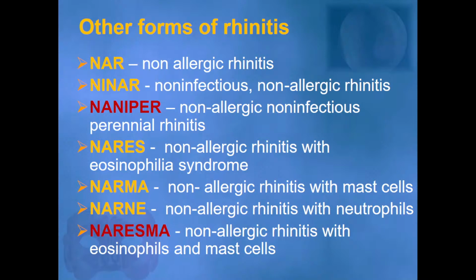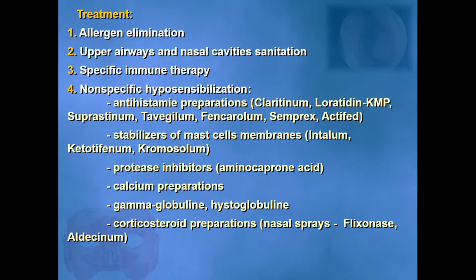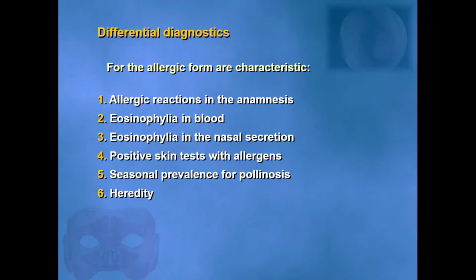But of course, except for this, a few words about diagnostics of this disease. The gold standard of diagnosis of allergic rhinitis is skin tests with allergens, the so-called prick test.